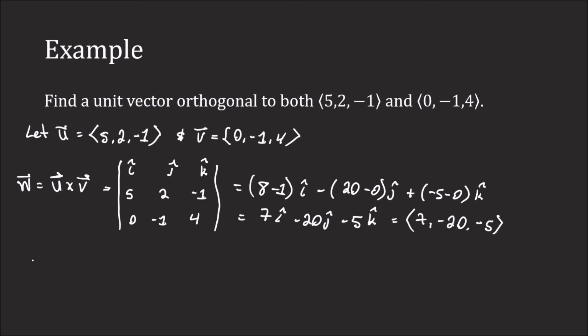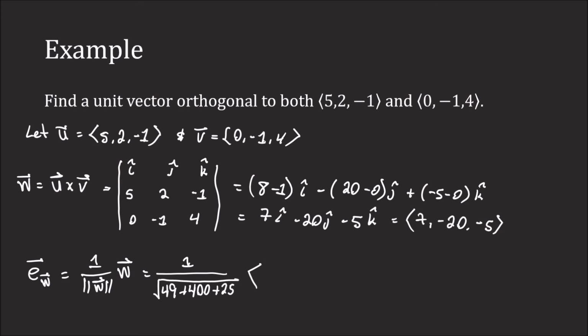So now we just need to normalize it, because we want a unit vector. Well, that is 1 over the norm of w times w. So we get 1 over the square root of 49 plus 400 plus 25 times 7, minus 20, minus 5.